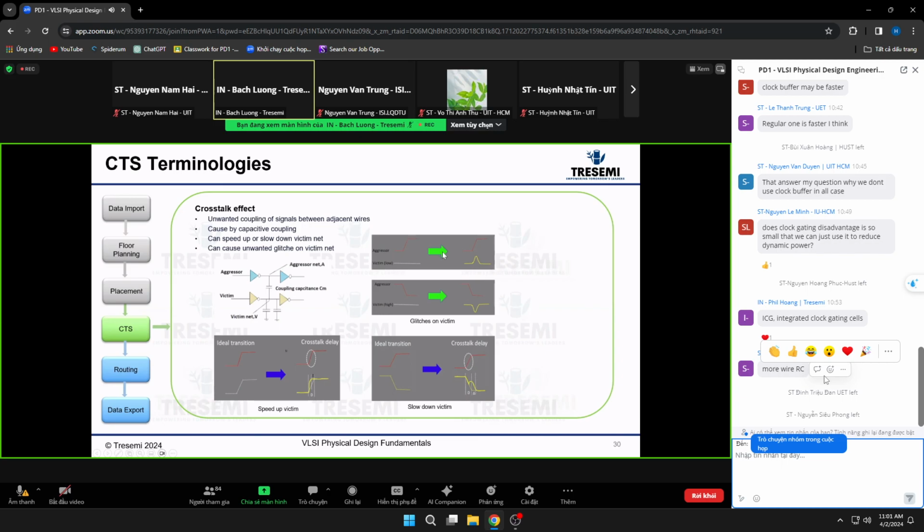Then it gets pulled up momentarily, causing a glitch, and comes back down. If the glitch propagates downstream, meaning it gets registered in the next set of logic, like this was meant to be low and it actually got registered high, then you have an issue, right? You have an unwanted glitch, which also causes the flop to capture the wrong data.